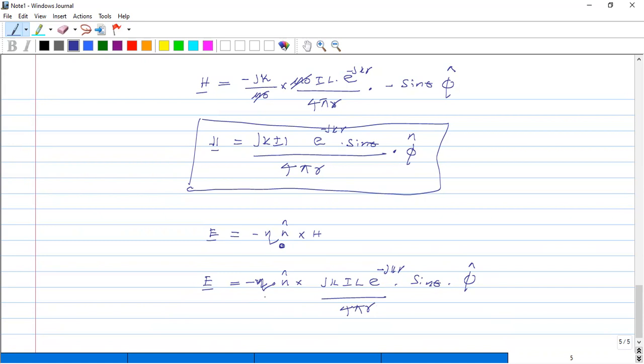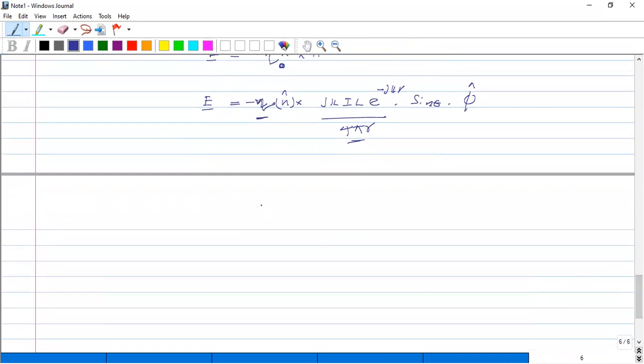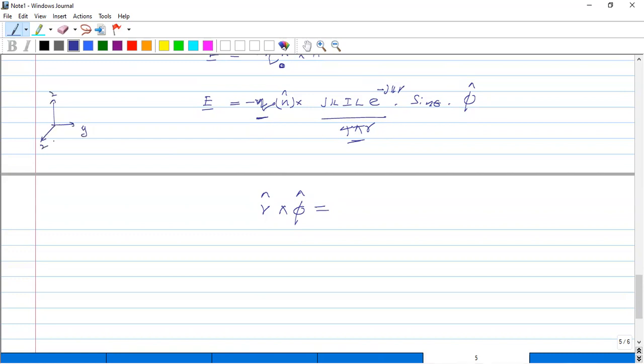Okay, so again you can see that this is a magnitude and this is also a magnitude, and these are the vectors. Now you have to find n hat and 5 hat. So n hat is nothing but r hat. So you have to find r hat cross 5 hat. What is the answer? If you consider this is x and y, this one will be the r hat, simple r hat.